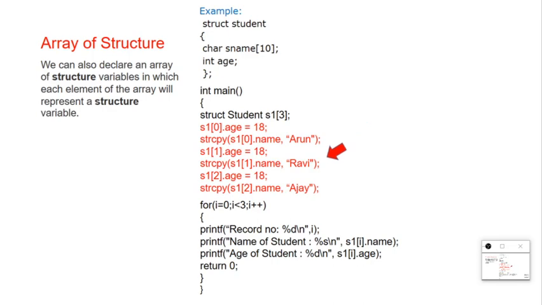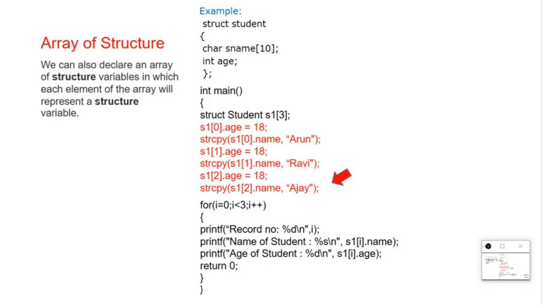Next again s1[1] age and s1[1] name. Next s1[2] age and s1[2] name. So if you are confused, you can just remove the s1, so it will be easy: s[0], s[1], s[2].